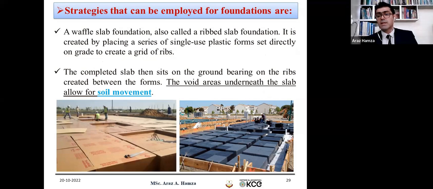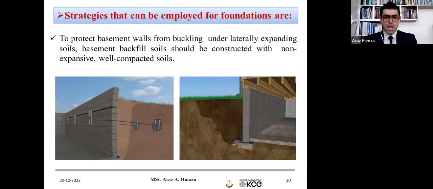When the material gets wetted and degrades, the void, the space that we need, will be provided for the volume change of the soil. This will be a very good technique for soil movement and soil improvement.